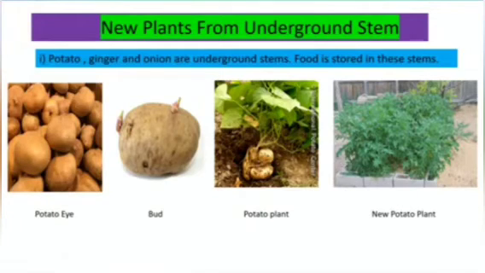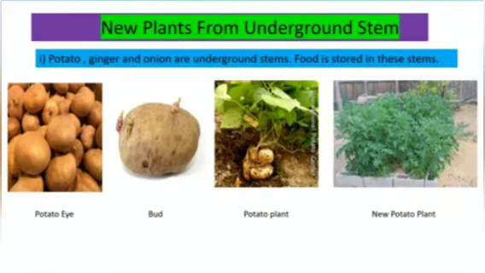New plants grow from underground stems also. Potato, ginger and onion are underground stems. Food is stored in these stems. Potato and ginger have eyes on them. Under suitable conditions, each eye grows into a bud.